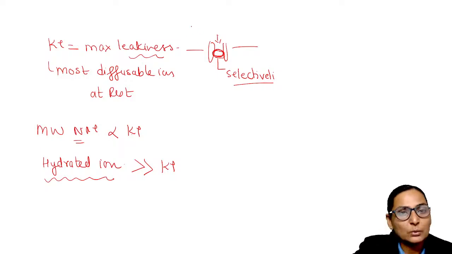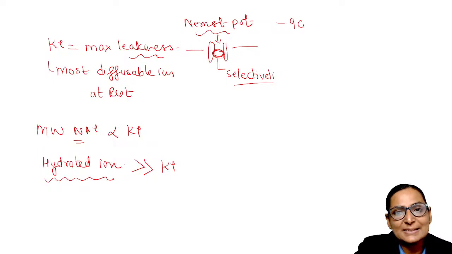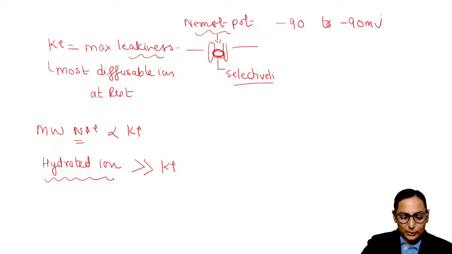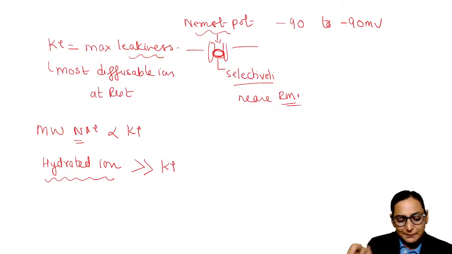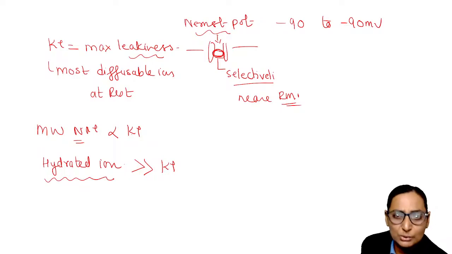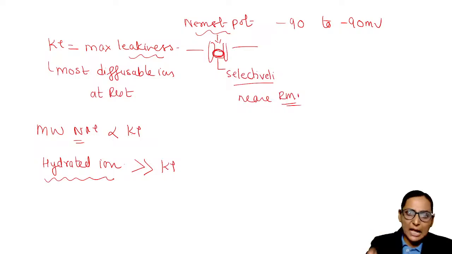So even when you calculate your Nernst potential, the Nernst potential for potassium is around -90 to -94 millivolt. Every ion, sodium, potassium and chloride, wants its Nernst potential to be nearest to the resting membrane potential. Every ion is going to fight for that: my Nernst potential, or my equilibrium potential, should be closest to the RMP.